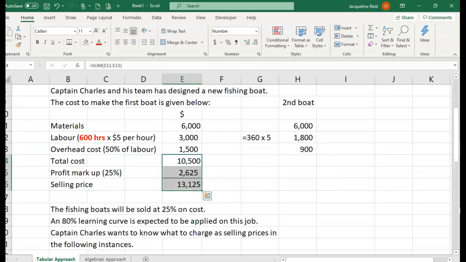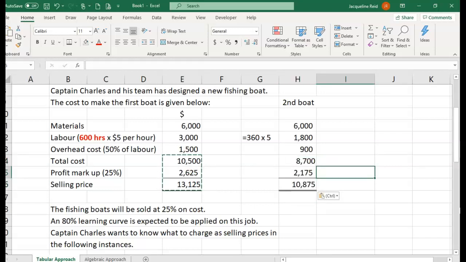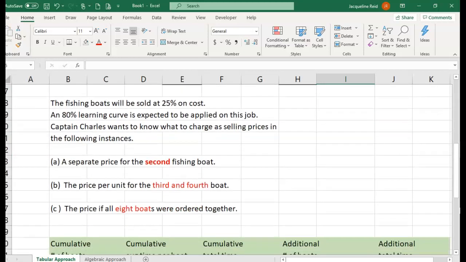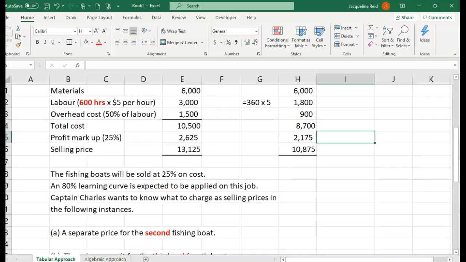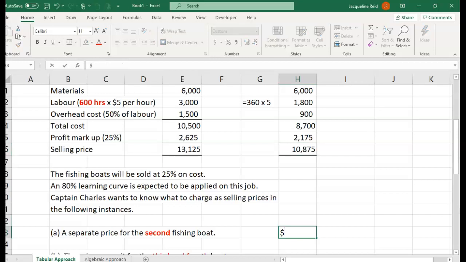And then we can copy and paste the formula. Let's try this again. Control C, Control V. So it means then that Captain Charles can charge for that second boat $10,875.